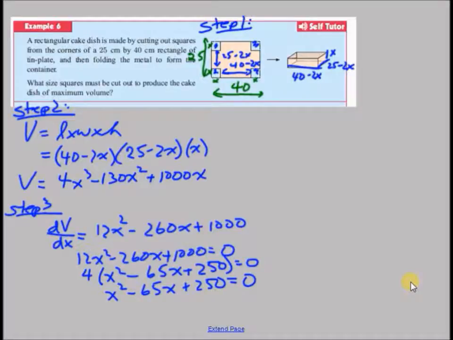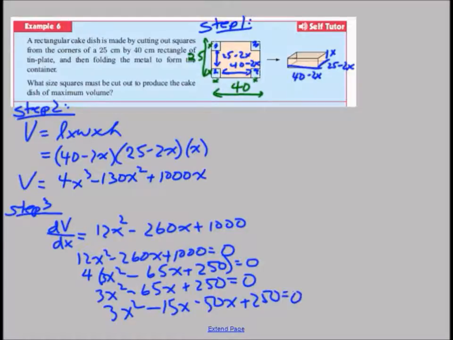Split that middle term, and oh sorry, this should be a 3x here, 3x squared, subtract 15x, subtract 50x plus 250.